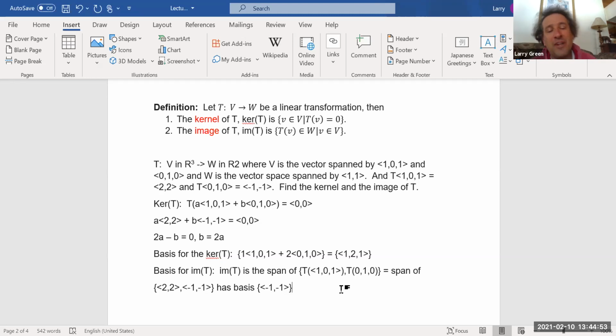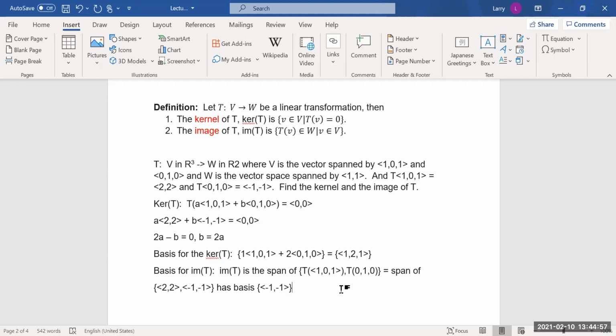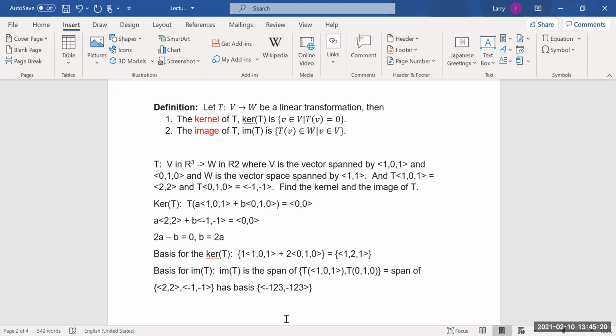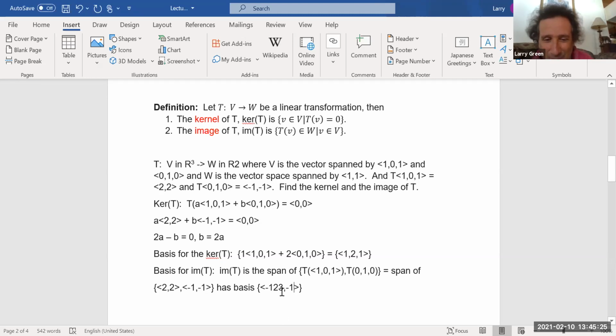Okay, so here's my question. If you have a vector space, is the basis unique? No. In fact, just for fun, -123, -123 is also a basis. Do you agree that's also a basis? Yes. Now, that'd be crazy to write down because why spend all the effort?